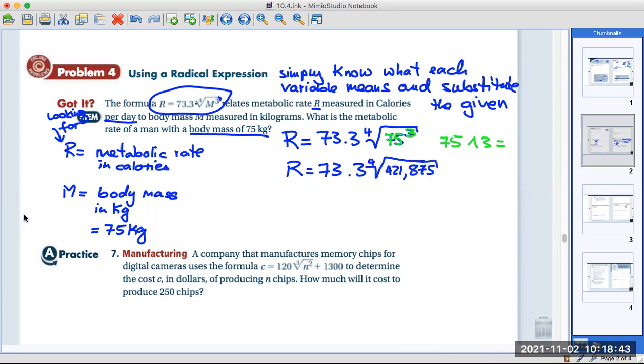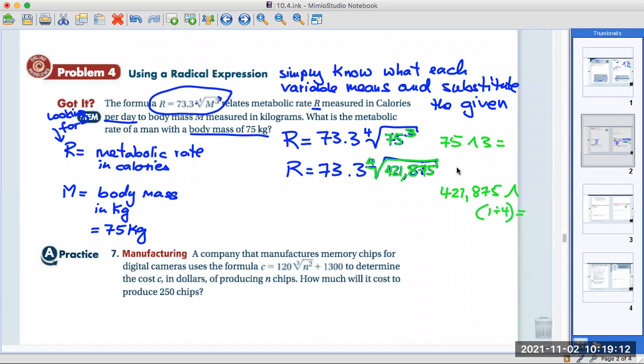Next we're going to find the fourth root of this number. This kind of gives you an idea what to do step by step. And remember, to find the fourth root, we raise it to the power of 1 divided by 4 using your calculator.